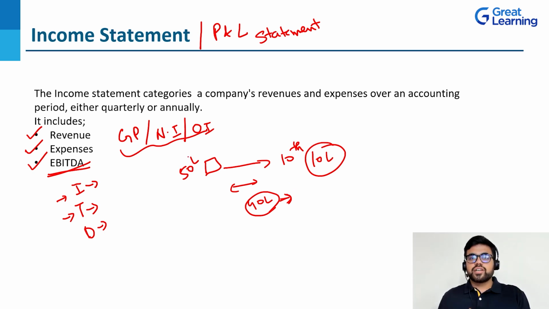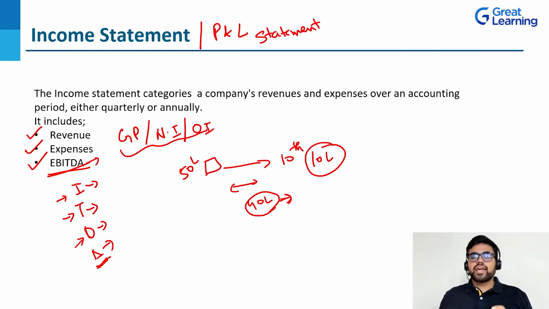The value that has decreased through the use of that asset is called depreciation. Next is amortization. Amortization means paying off your debt in regular, fixed repayments over a course of time. Those payments are called amortization. So this would be in EBITDA.